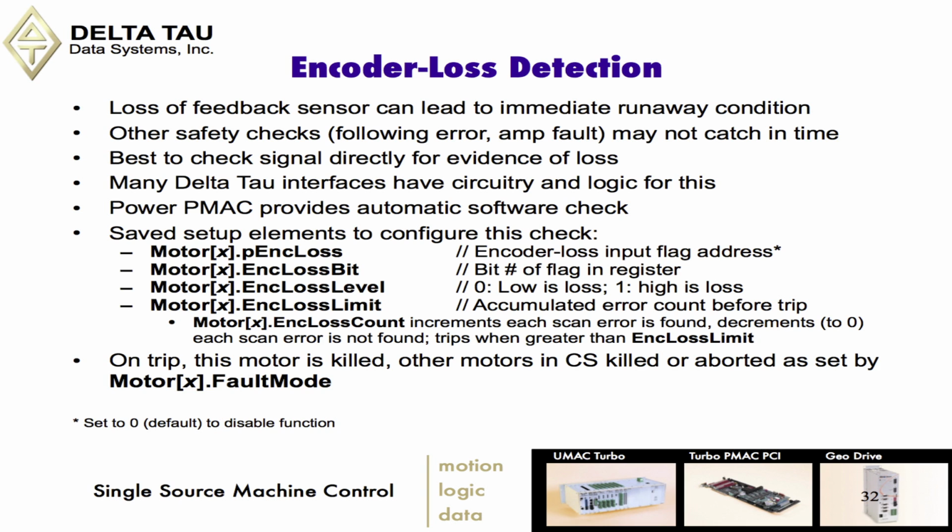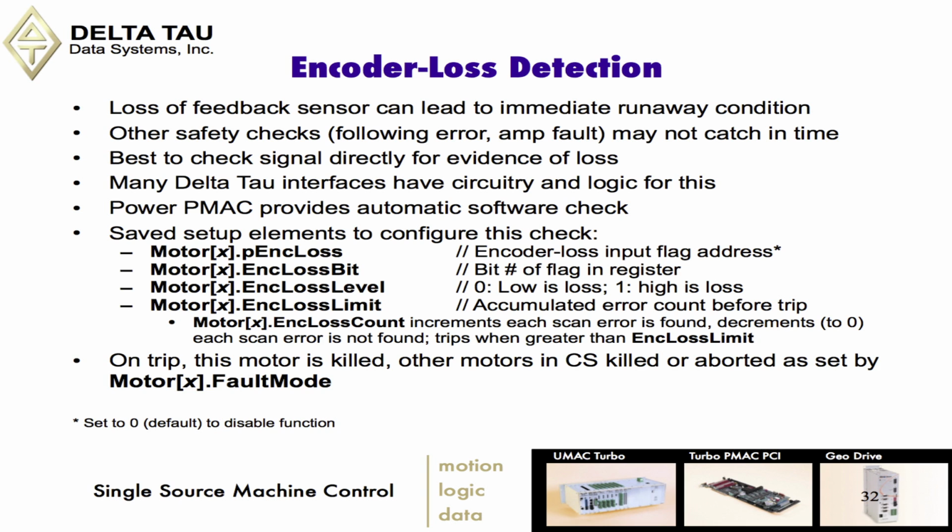And then there's another setting, enc loss limit, that will allow you to select an accumulated error count before it trips. So the accumulated error count increments each scan the error is found, and then it counts down to 0, decrementing each scan until the error is found again, and it trips when it is greater than the encoder loss limit.